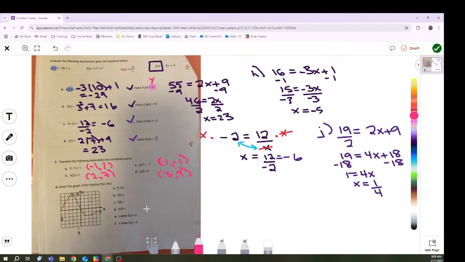Okay. Given this graph of the function, find f of minus 4. Okay, so again, if it's f in brackets attached at minus 4, is this minus 4 an x value or a y value? X value, good correction. Okay, so on the x-axis, go to minus 4 and follow it up to the y-axis.